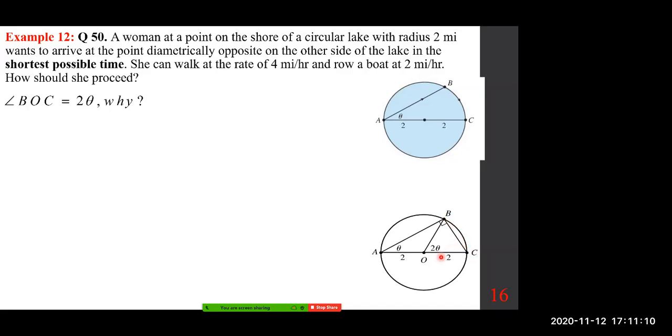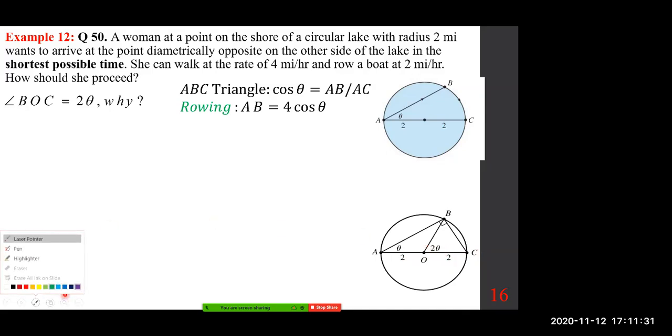Now R is 2 and theta happened to be 2 theta in this example. I hope everybody remembers what I'm talking about. So cosine theta is AB over AC, where AC is 2 plus 2 is 4. If we do the cross product, AB becomes 4 cosine theta.